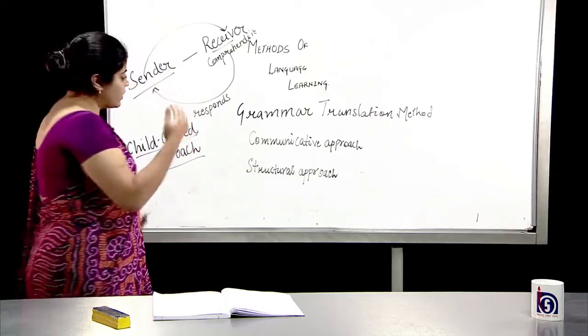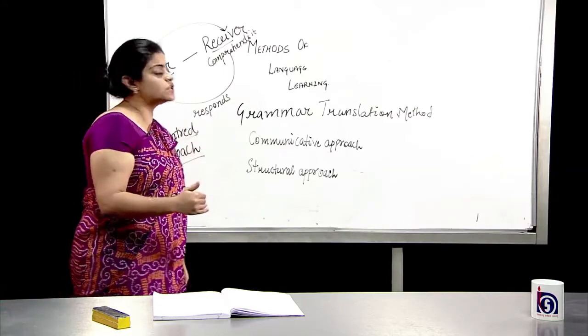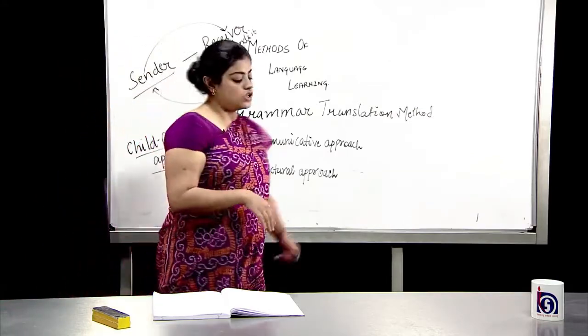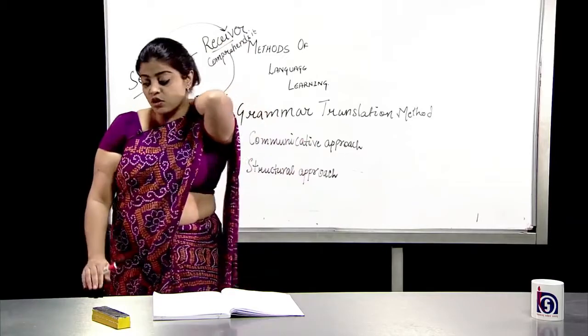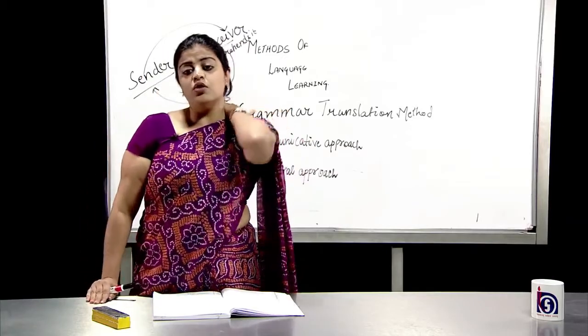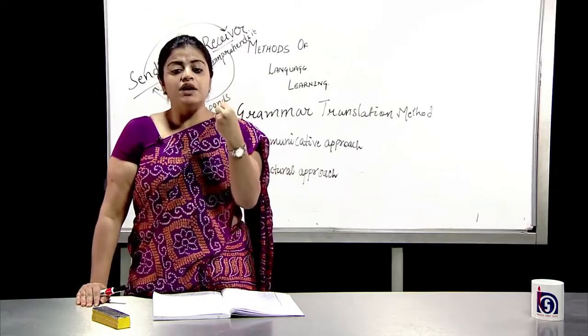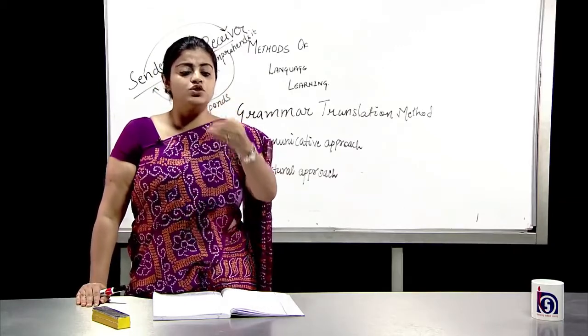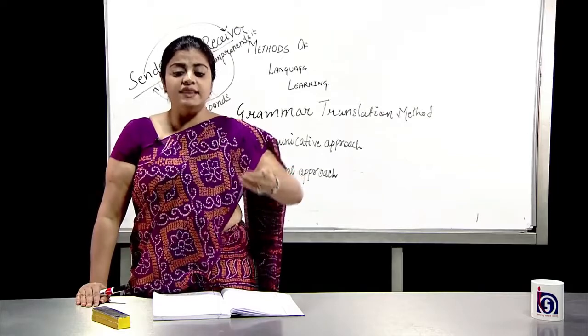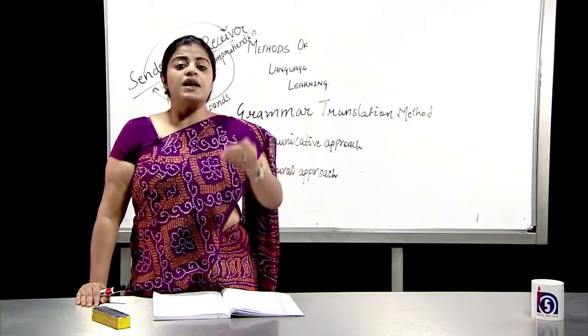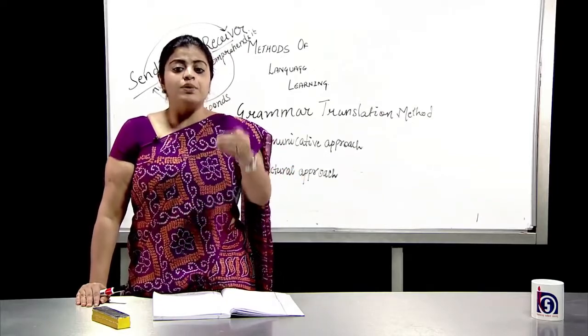If we look at the basic principles of the communicative approach, the first principle is the role of the teacher. The role of the teacher is reduced to a mere facilitator who gives the real life situation to the students and lets them communicate. What would happen with this?